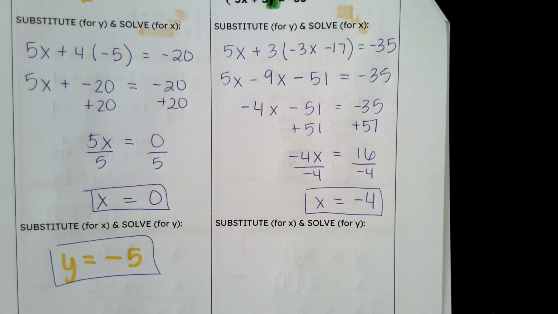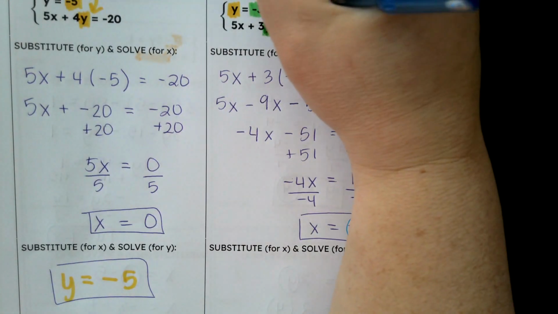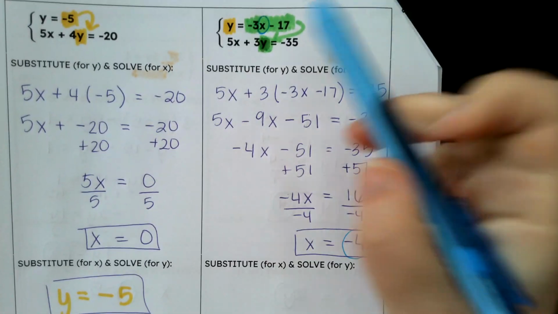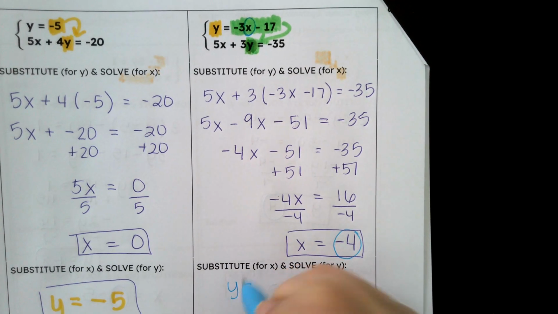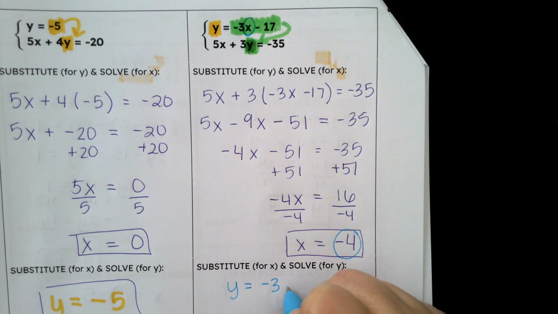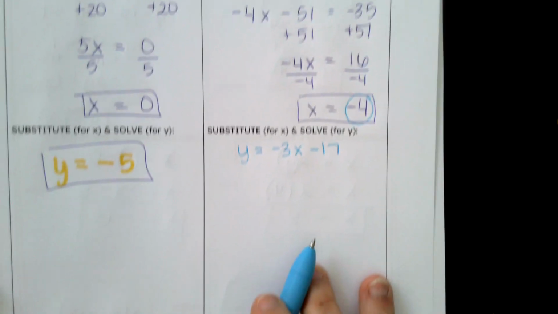All right. So now I'm going to figure out my y value. So instead of x, I'm going to put -4, and I'm going to use my top equation. Again, you can use either one. I just like that top one because it already has y equals. Actually, I'm going to rewrite it first because it's far up.